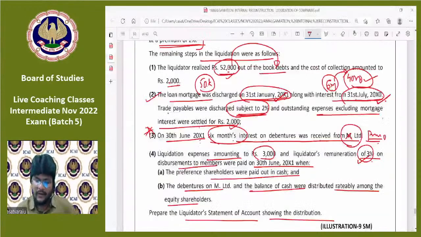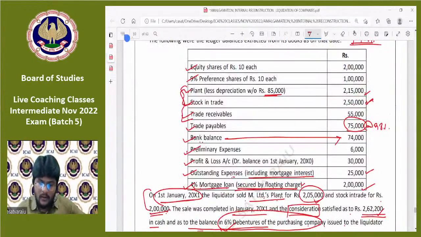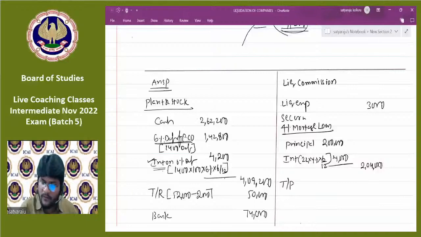Fine. Next, guys. After that, are any other payments available? You can check here. One payment is trade payables, and another payment is other outstanding expenses. Any other payment apart from this? Mortgage loan we just paid. So please make payment for unsecured creditors, which was trade payable. This is a secured creditor with floating charge.